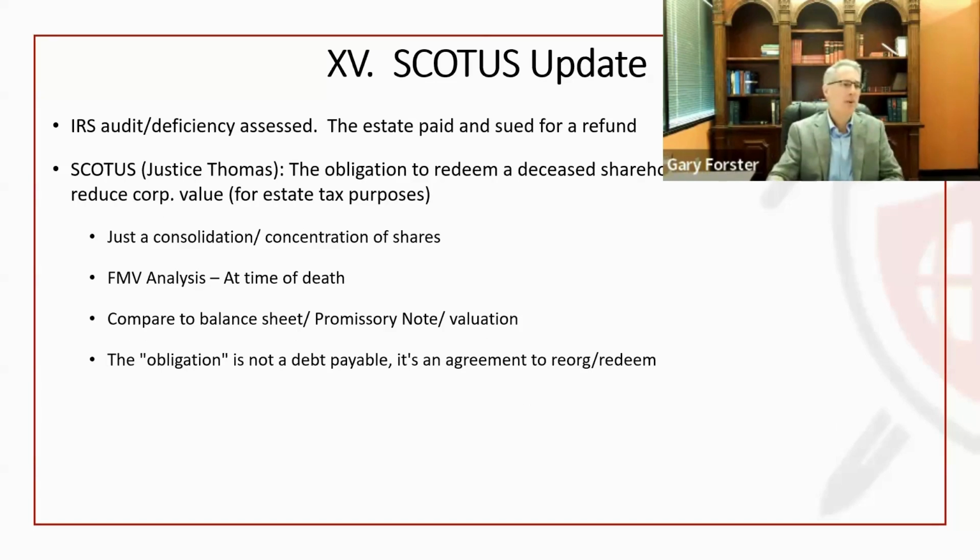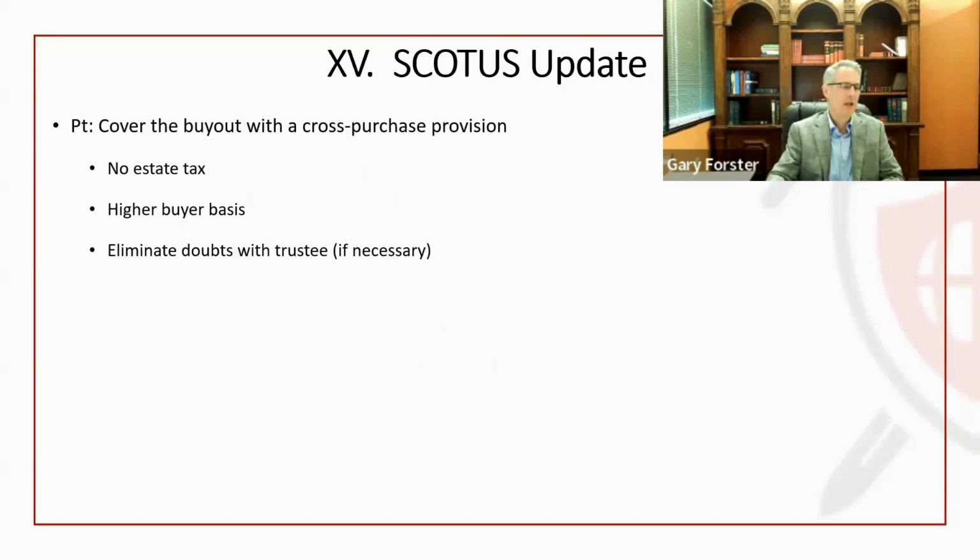why don't we do a cross purchase arrangement? Right? So instead of the company buying the insurance and increasing the value of the company, which is just going to go out to the estate, let's do a cross purchase arrangement. Let's not worry about this idea of buyout and a consolidation of the shares.